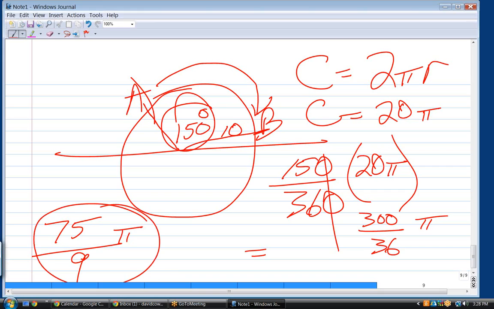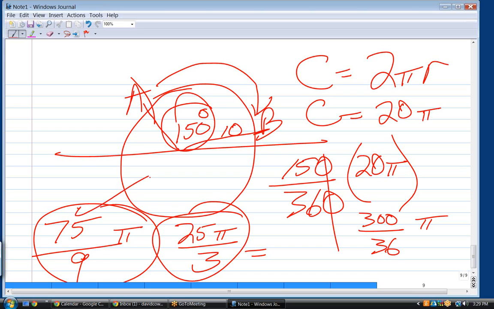Okay. Now, that's not even simplified. 3 goes into 75 25 times, so it's 25 pi over 3. There's your final simplified answer. This is correct, but you'd lose points because it's not simplified.